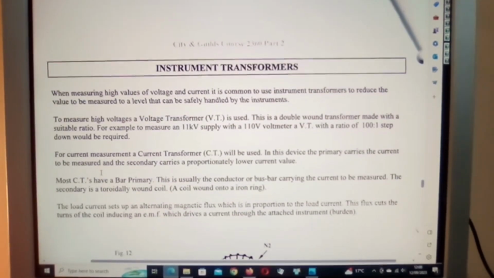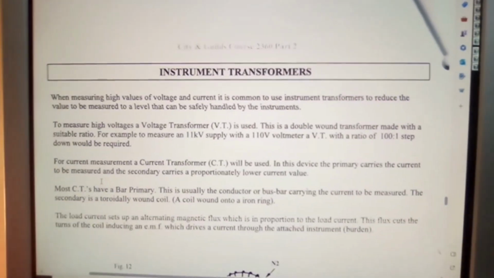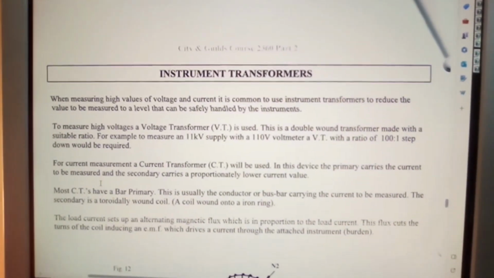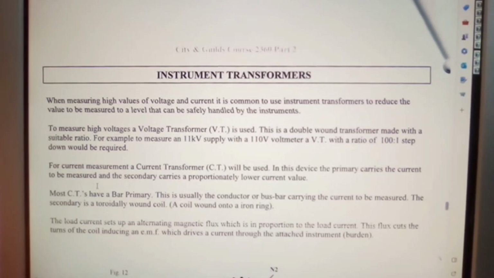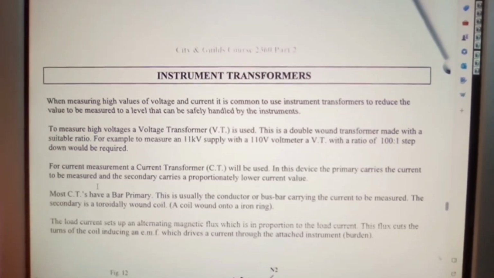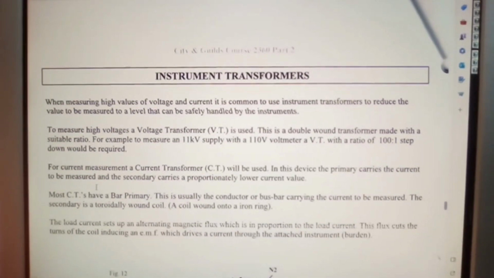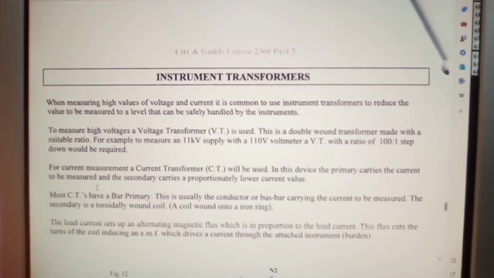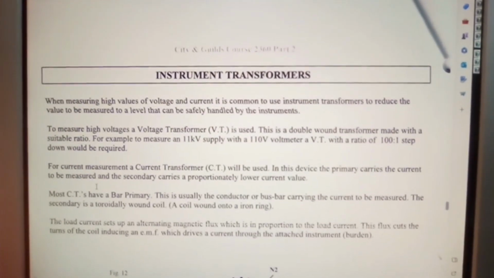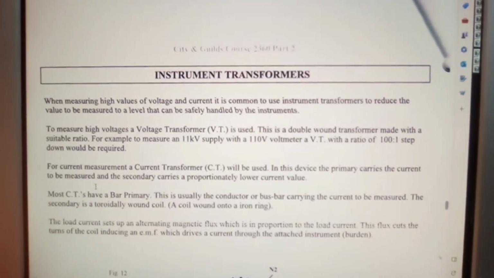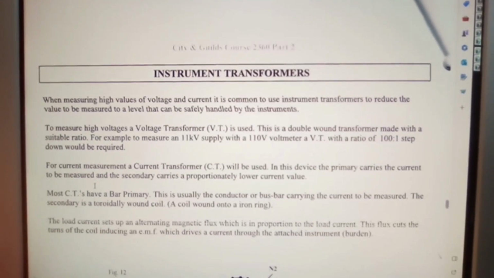Instrument transformers. When measuring high values of voltage and current, it is common to use instrument transformers to reduce the value to be measured to a level that can be safely handled by the instrument.